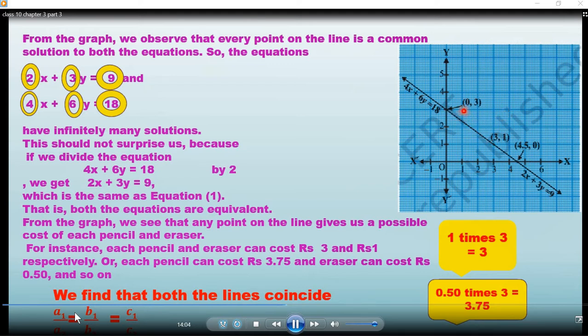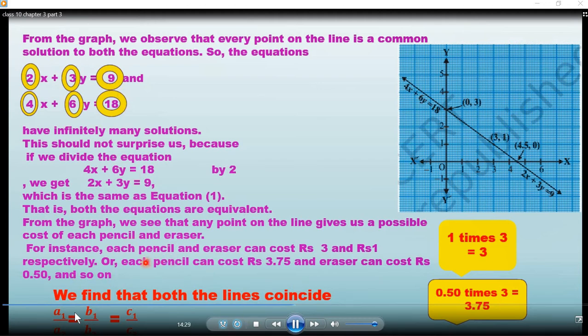Here I am telling you to replace one by one with 3 points. Only 3 points are visible on this graph, but you can see that there are innumerable points on this line. Infinitely many solutions are there. Every line has innumerable points. You can take any point, it will be the solution of these two equations.